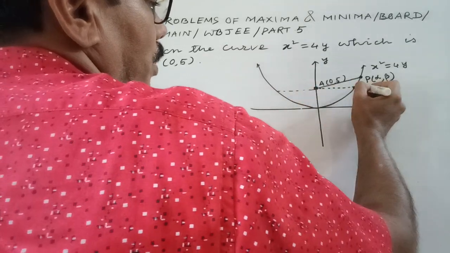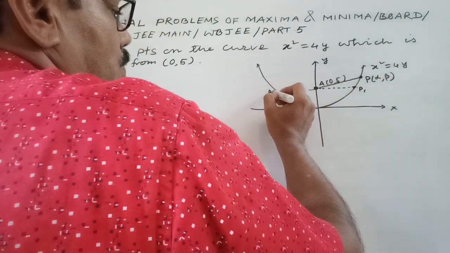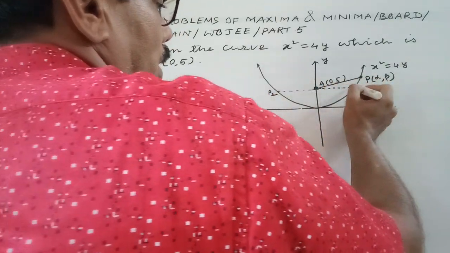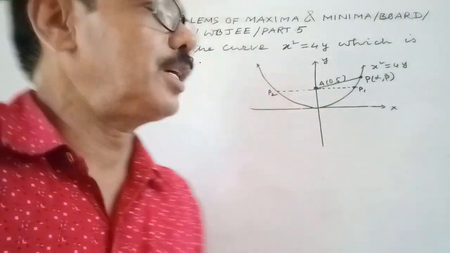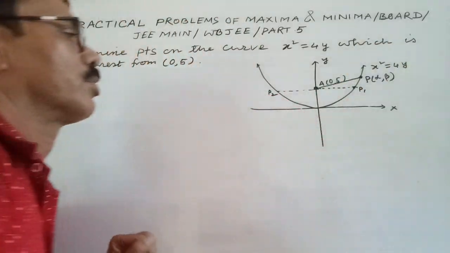From symmetry of the figure, suppose this is P1 and this is P2. From A (0, 5), you get 2 points, P1 and P2. So from the graph, it is clear that you must get 2 points.